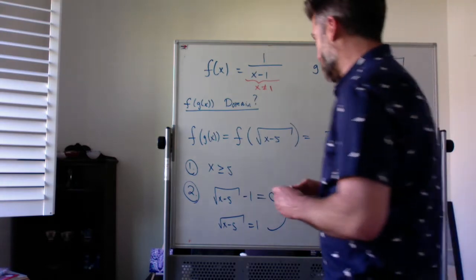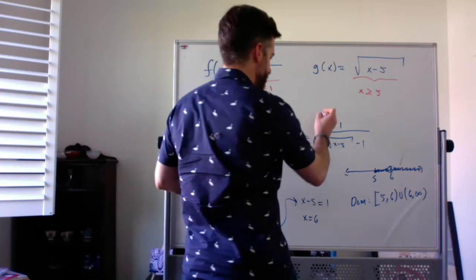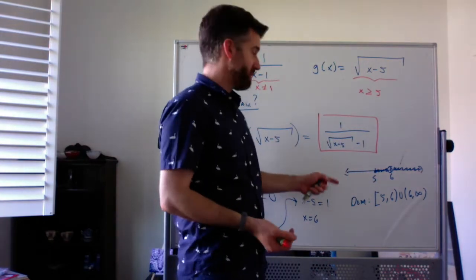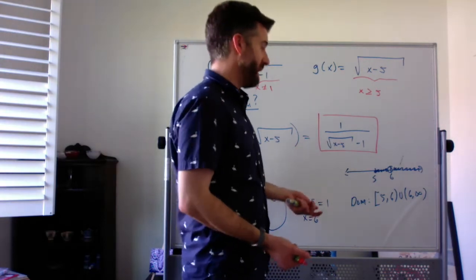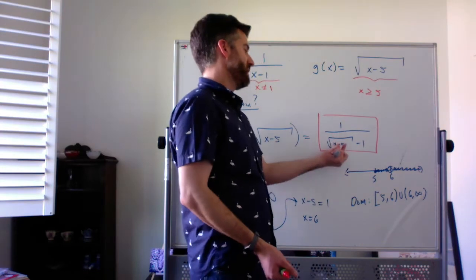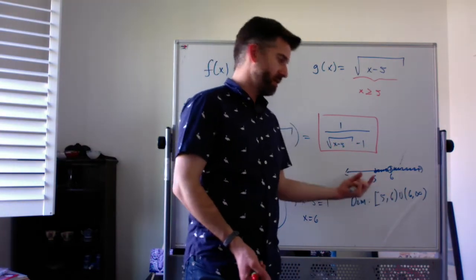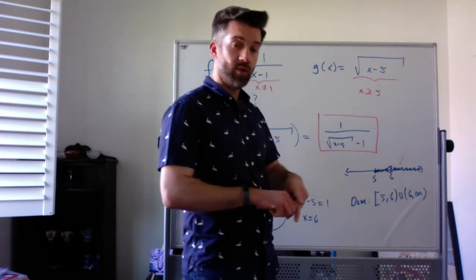This makes sense if we look back at the original composition here. Clearly x can't be anything smaller than 5. If x was 4, you'd have the square root of a negative number. Or if x was 3, you'd have the square root of a negative number. And x can't be 6, because if x was 6, this would be 1, and 1 minus 1 would be a 0 in the denominator. So everything besides numbers less than 5 and besides 6 is in our domain.